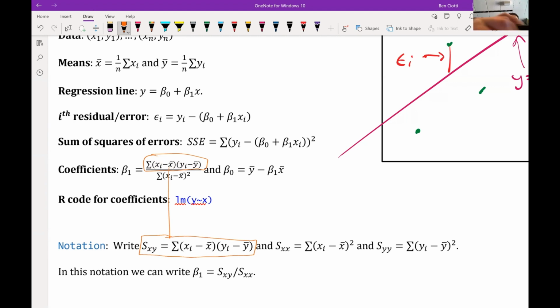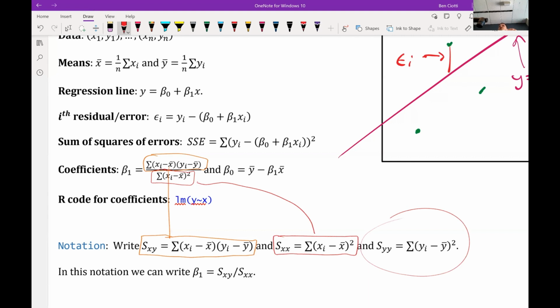And the denominator is the sum of the squares of the deviations in the x values. So we're going to call that S sub xx. And relatedly, by S sub yy, we mean the sum of the squares of the deviations of the y values.